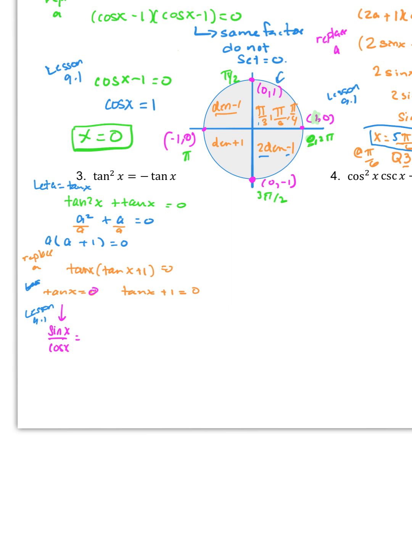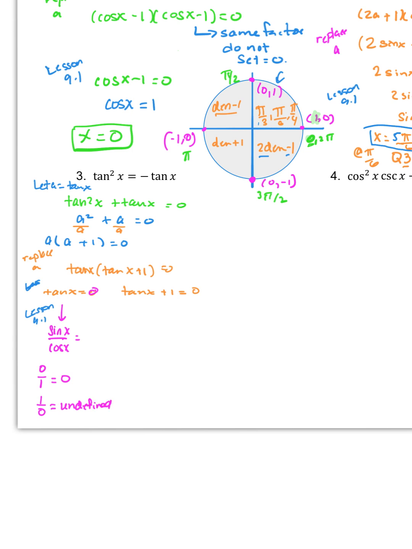Now remind yourself, what makes a fraction 0? If I have 0 over 1 and 1 over 0, those are two different things, right? But if I have 0 over 1, 0 divided by 1 is 0. But if I have 1 over 0, this is undefined. Can't divide by 0.